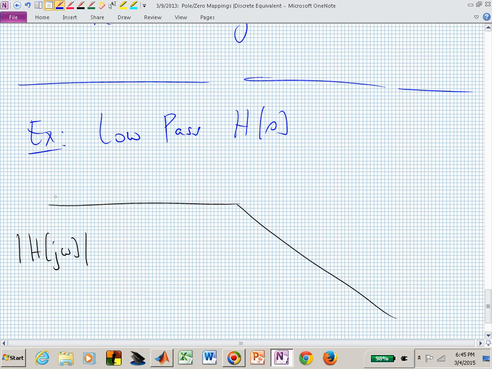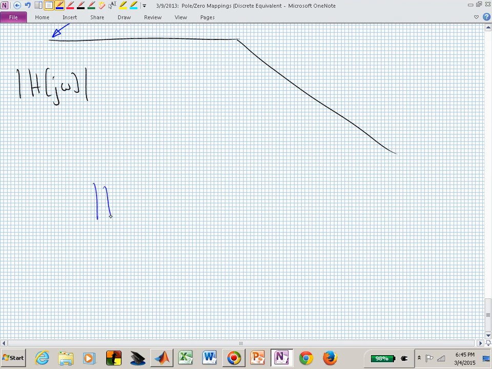You would then take this point, which you could find by saying h of 0, and that would give you a number for h of s at s equals 0. You would use that to match h of z when z is equal to 1, the DC value. So this now says that you would take h of s at s equals 0 and set that equal to h of z when z is equal to 1.